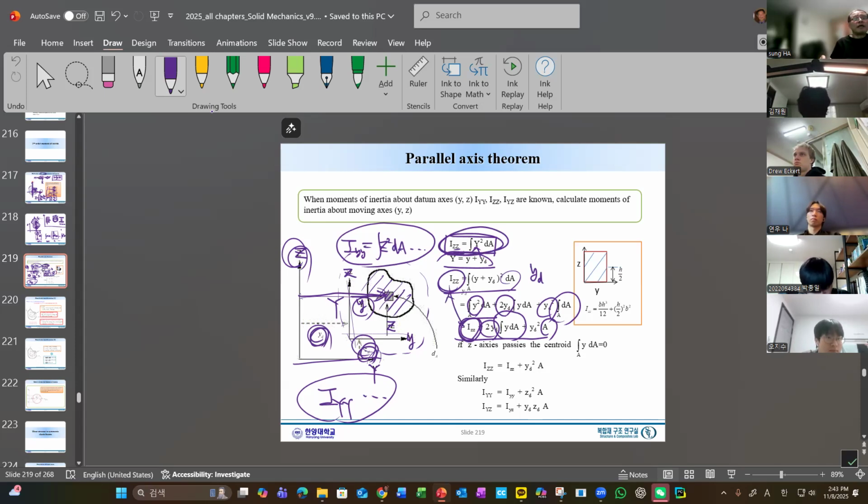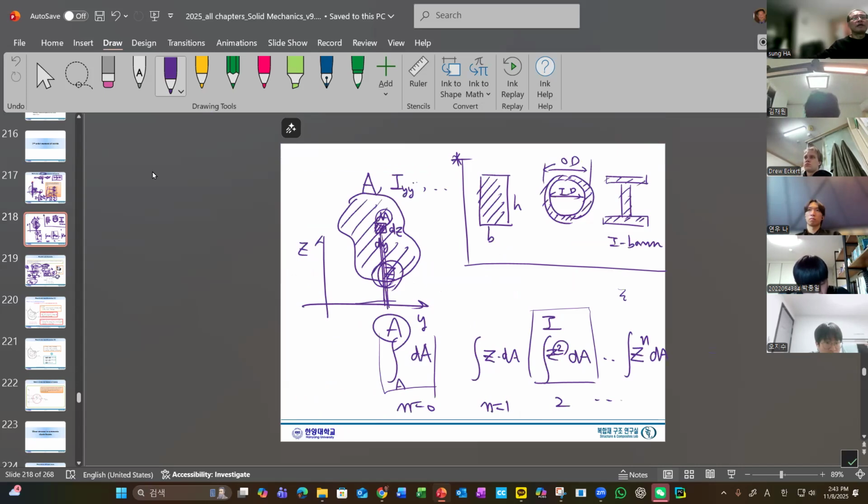And now here, very importantly, if this coordinate system goes through a centroid, then by definition of a centroid, this term will disappear and equal zero. If the YZ coordinate system goes through a centroid, this will be zero.